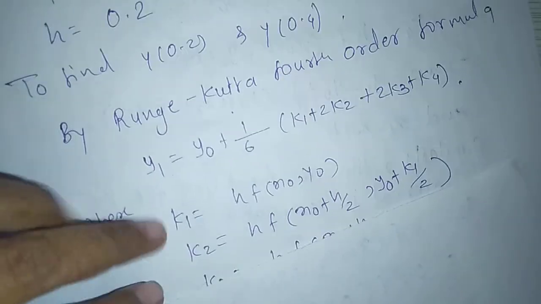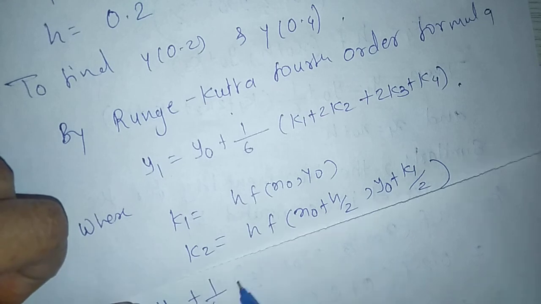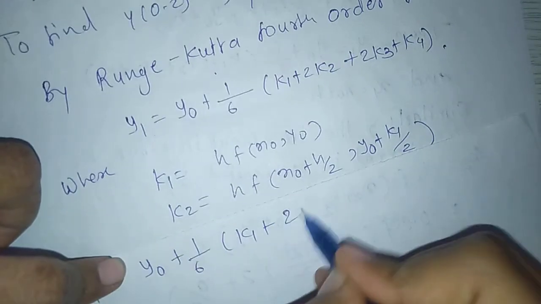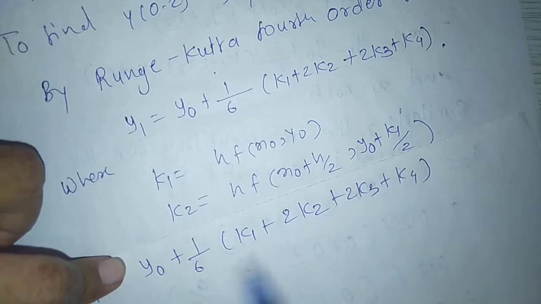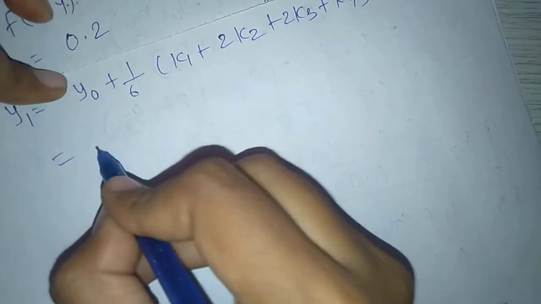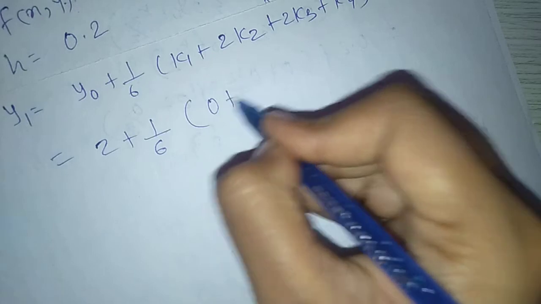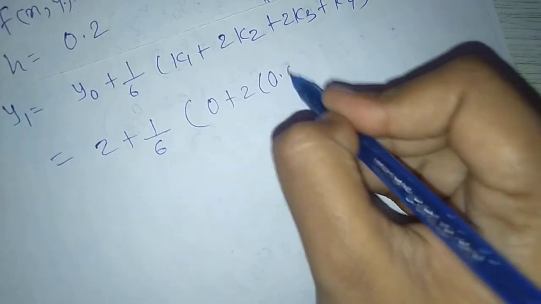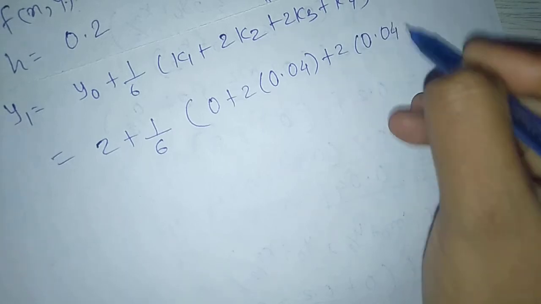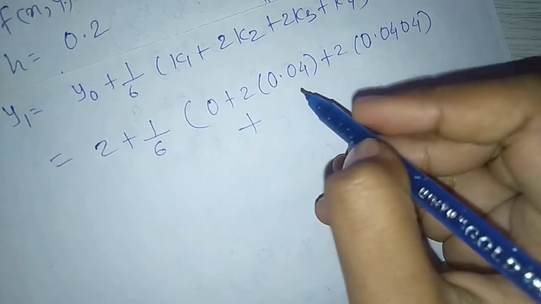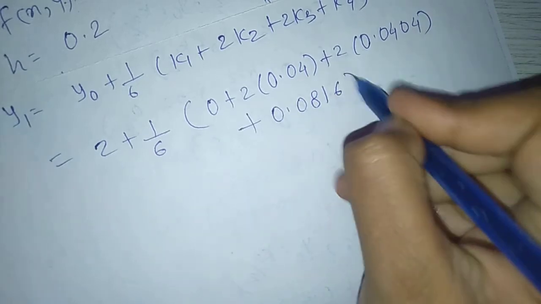And y1 is y naught plus 1 upon 6 into k1 plus 2k2 plus 2k3 plus k4, equal to y naught is 2 plus 1 upon 6 into k1 is 0 plus 2 into k2 is 0.04 plus 2 into k3 is 0.0404 plus k4 is 0.0816.